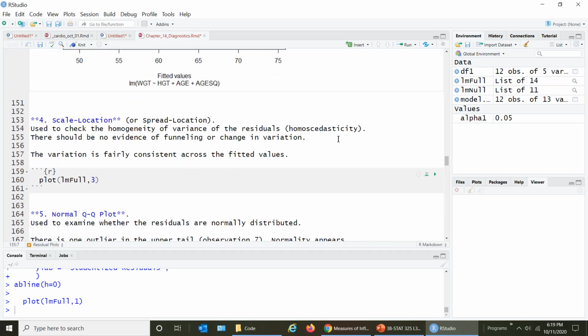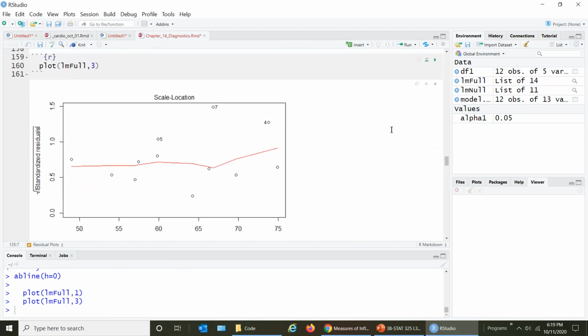Okay. Now we're going to look at scale location, or the spread location. It is again used to check homogeneity of variance of the residuals, or homoscedasticity, and there should be no evidence of funneling or a change in the variation. And when we look at this, we see that the variation is fairly consistent. We might see that it appears that it may be increasing around here, but again, with the small number, it's very hard to tell.